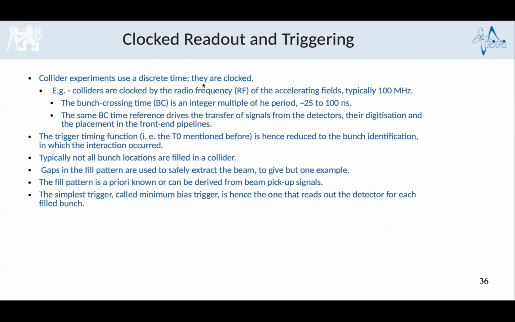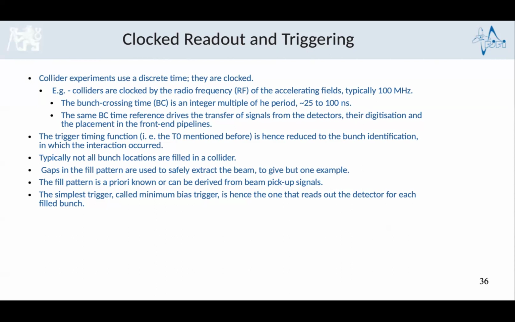This discrete time, in the case of the LHC, for example, are the bunch crossings. These bunch crossings are normally in multiple periods of 25 to 100 nanoseconds, depending on the experiment.